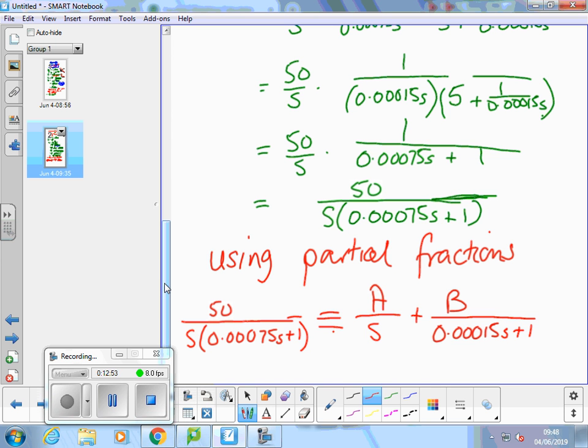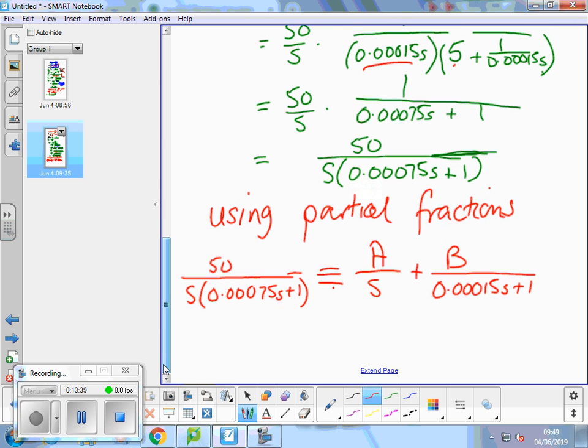Do you follow that so far? What do we have to do next in solving partial fractions? That was when we multiplied out the 5, when we multiplied that 0.0015 S by that 5. When you multiply 1 over 0.0015 S by it, that cancels to 1. All right, Ben? Yep.